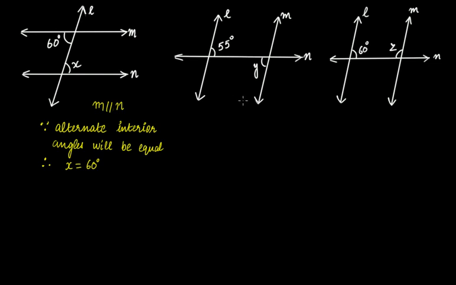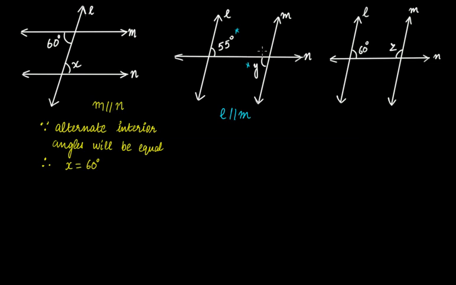In this case, L and M are parallel, and this line N is the transversal. So even in this case, if you look at these two parallel lines and this is a transversal, then this angle, that is this one, and this angle are alternate interior angles.